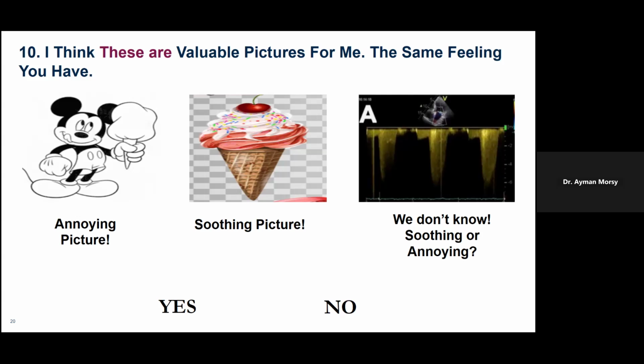The second part: if you see a patient in a soothing picture, he eats ice cream with a cherry on top, and it is a very nice picture. This is called the soothing picture. So are you happy to see the soothing picture in the patient, as you see here, with the cherry on top?